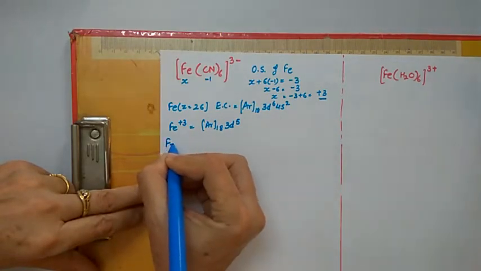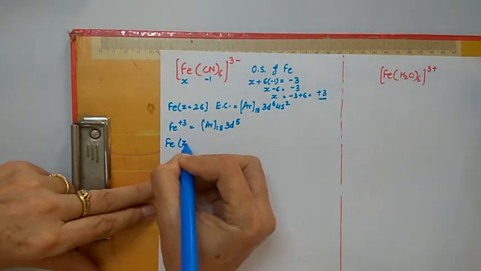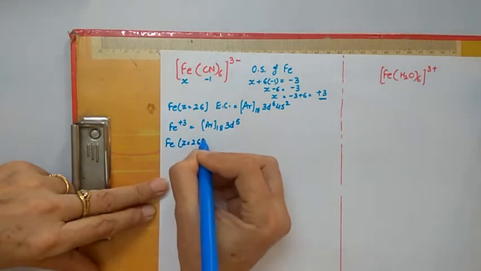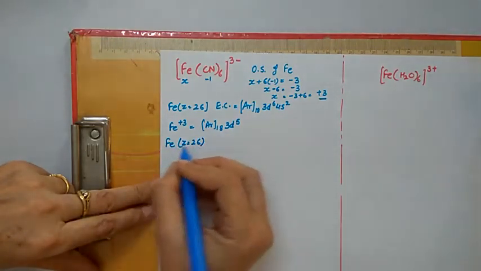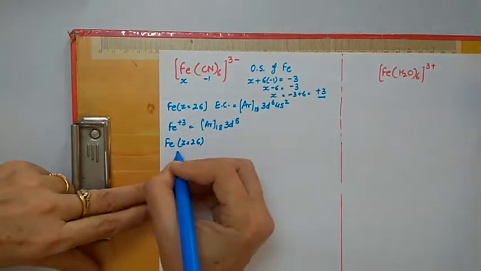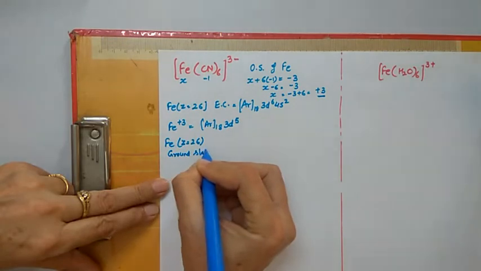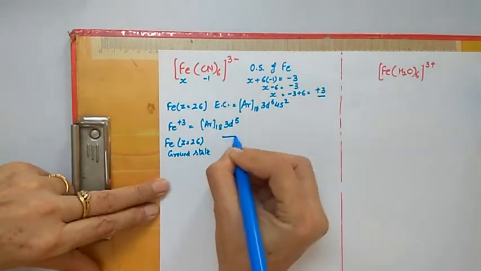Say Fe, Z equals 26, in the ground state.